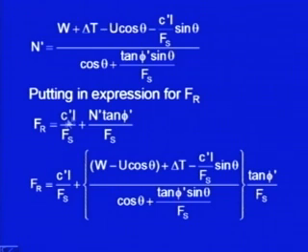So, Fr is equal to C dash L upon Fs plus N dash tan phi dash upon Fs. Putting this N dash here, we get Fr equal to C dash L upon Fs plus W minus U cos theta plus delta T minus C dash L upon Fs sin theta, divided by cos theta plus tan phi dash sin theta upon Fs, into tan phi dash upon Fs.